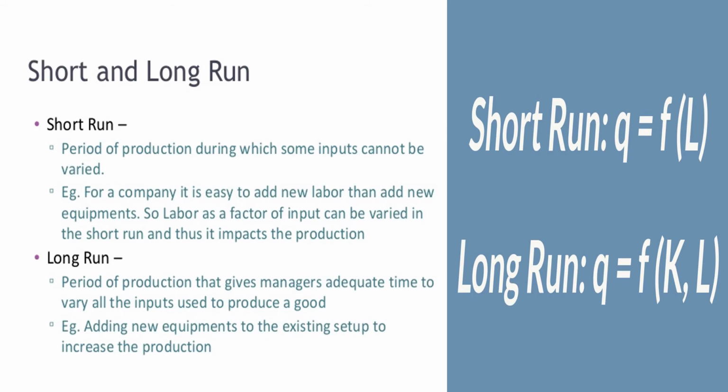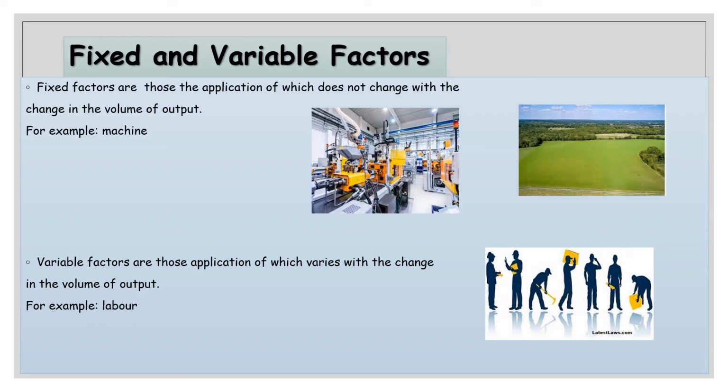Long run is the period of production that gives managers adequate time to vary all the inputs used to produce a good. In the long run, quantity of output will be a function of both capital and labor. Both will be changed, thus bringing about a change in the quantity of goods produced. Adding new equipment to the existing setup to increase production is long run.